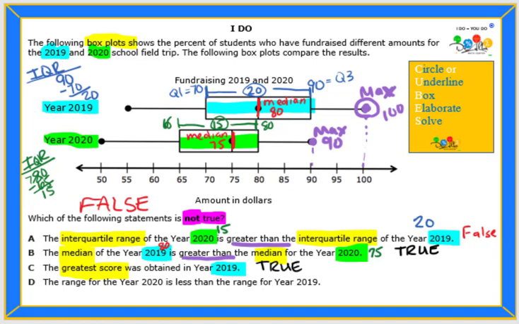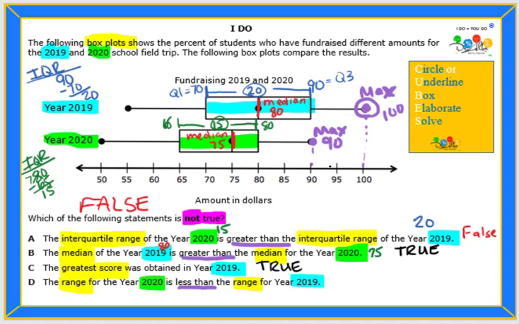And then the last one, we're going to be looking at the range for the year 2020, and it should be less than the range for the year 2019. So let's look at it. The range would be the difference between the minimum and the maximum.